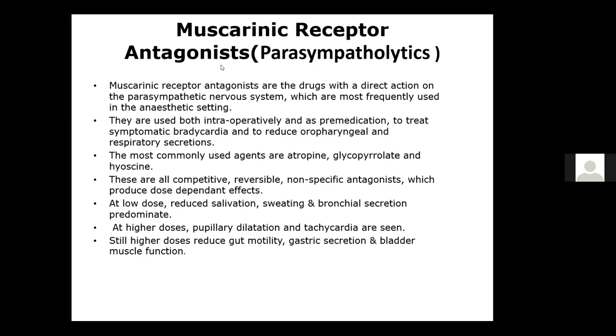Now, I know people like using atropine, but atropine has its issues, okay? Atropine is lipid soluble. Because atropine is lipid soluble, it's able to penetrate the blood-brain barrier, so it can cause effects on the CNS.